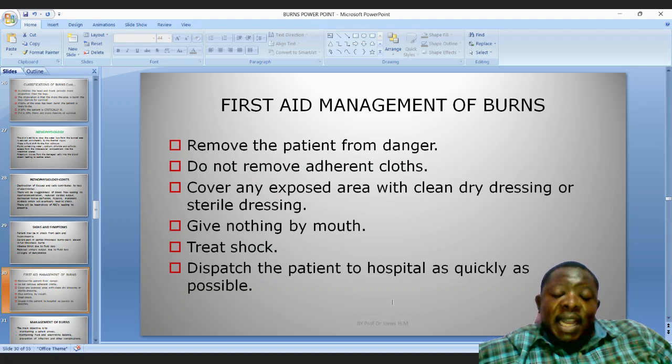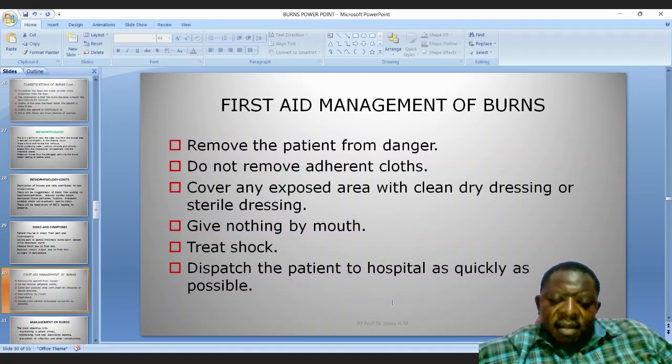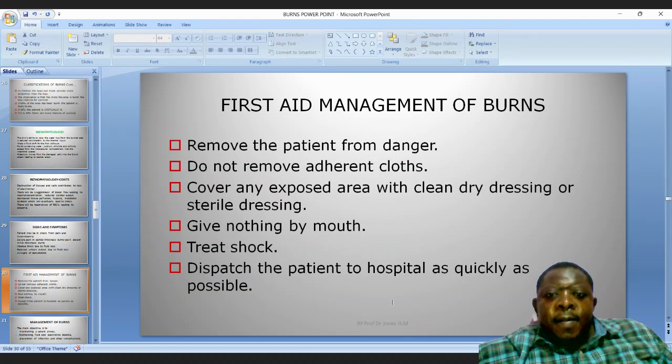Do not remove adherent clothes as you may pull off the skin that has been charred or burnt. Some clothes may stick to the skin, and as you remove them, you may also remove some of the skin, increasing fluid loss. You can cover any exposed area with a clean, dry dressing or a sterile dressing.